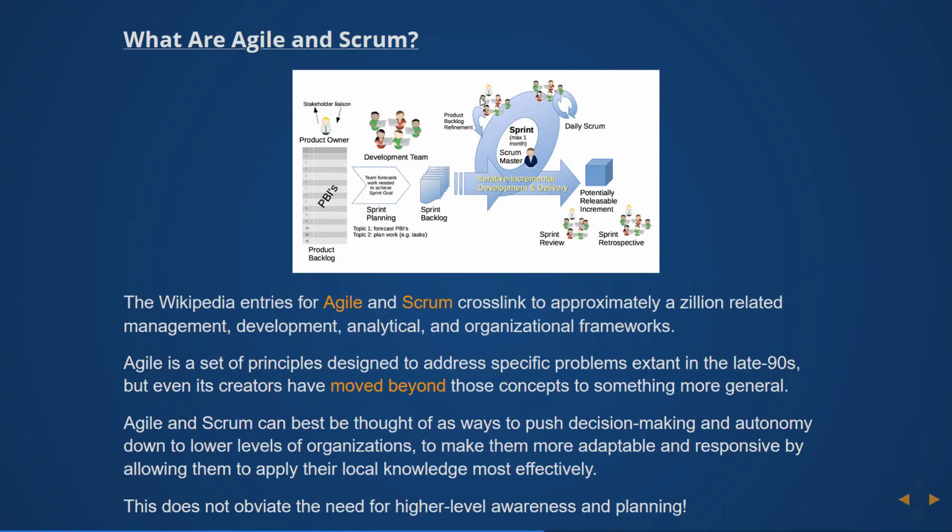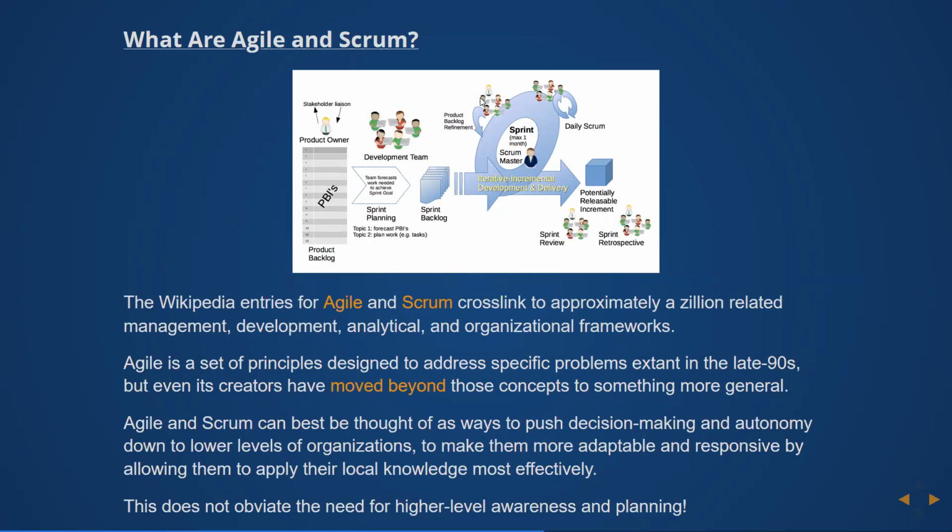Agile was basically created in response to what certain people saw as specific problems that existed as of the late 90s, but even its creators have gone on to a more general approach that is really based on simply talking to people, looking at where you are, and then adjusting based on that feedback and continuing forward.